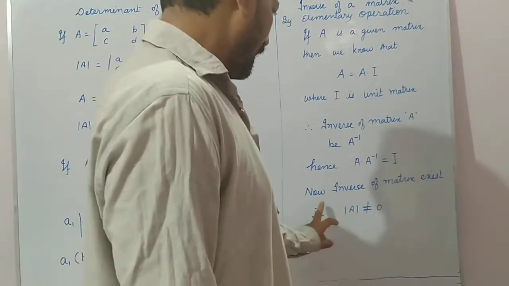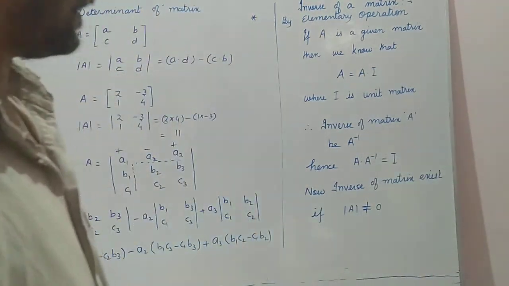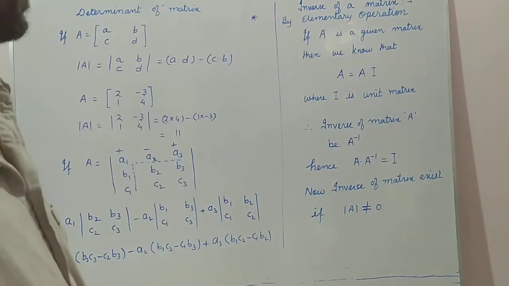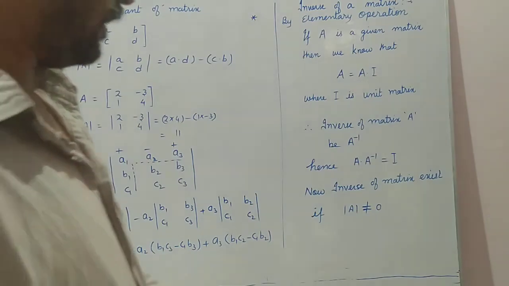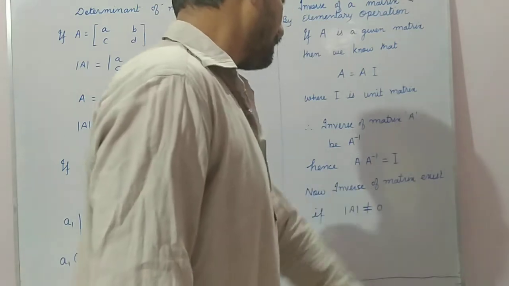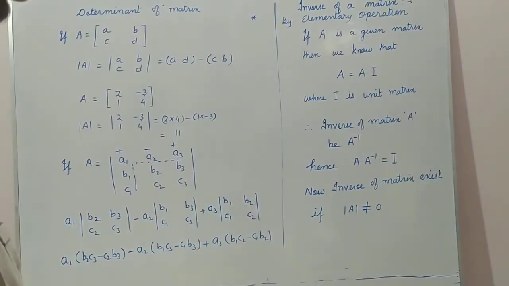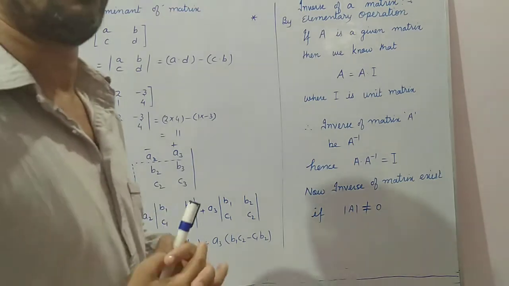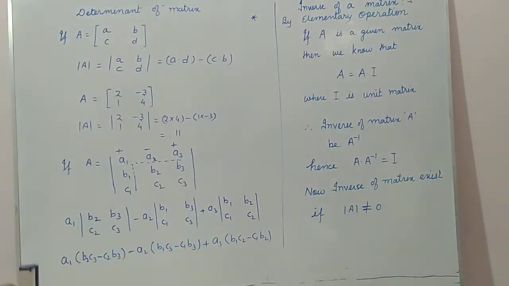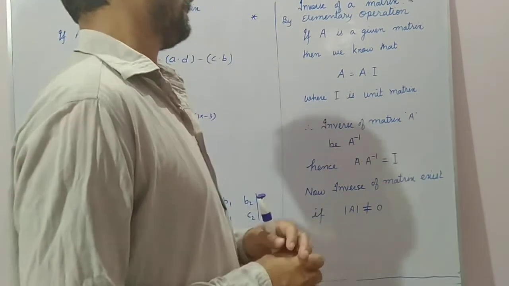Now, if the inverse of a matrix exists, then the determinant will not be equal to 0. Okay? So here we are determining the inverse of a matrix using elementary operations. First, we are using the concept that any matrix multiplied by the unit matrix gives the same matrix.